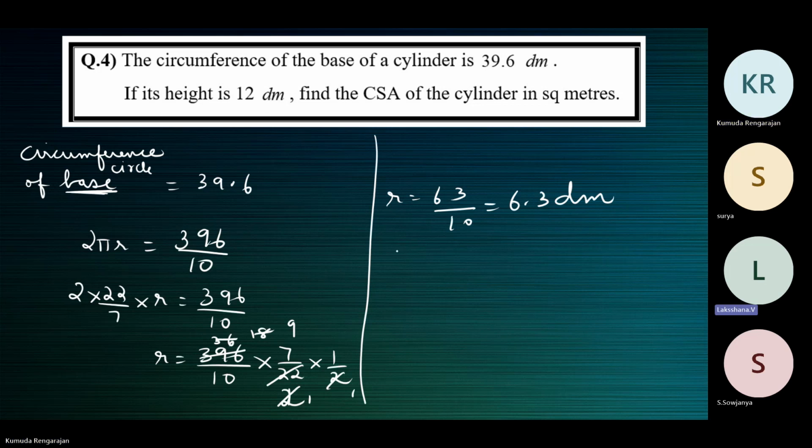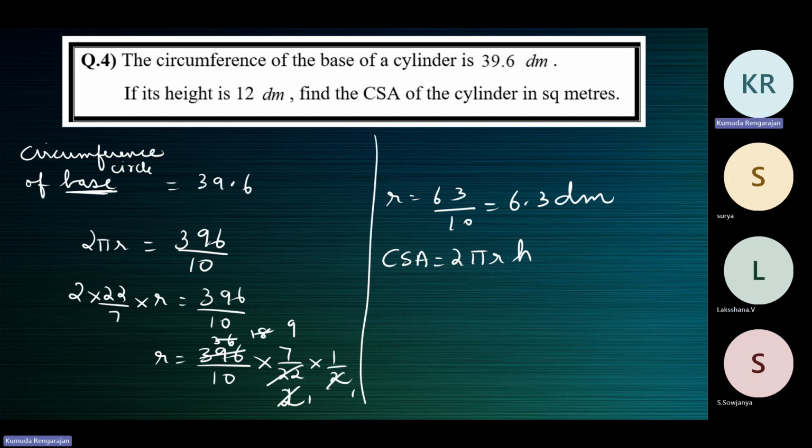Ma'am, 2 pi RH. Now what do you think you should have done? Ma'am, I have to change decimeter into meters. No. Do you realize something else? You're right, you found R. The way you found R is perfect. But what's the formula to find the CSA of the cylinder? 2 pi RH.